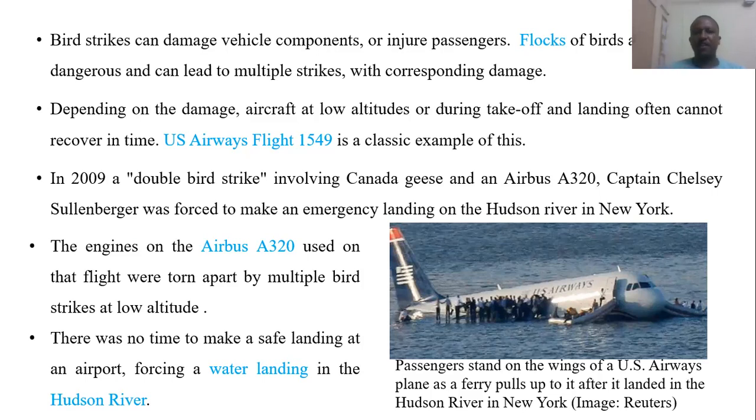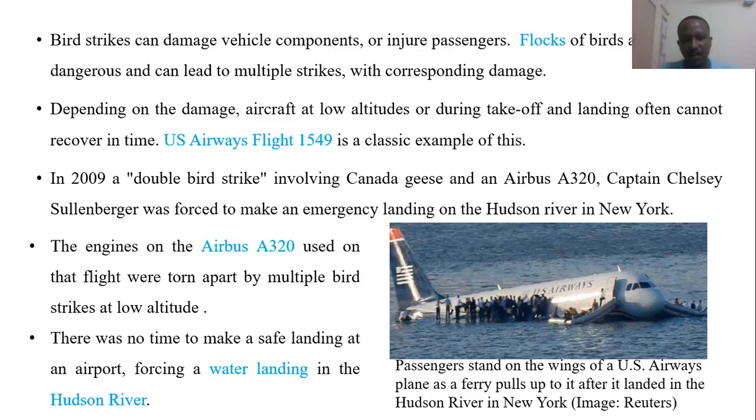The engines of the Airbus A320 used on the flight were torn apart by multiple bird strikes at lower altitude. So there was no time to make a safe landing at an airport. That forced them to land on water.